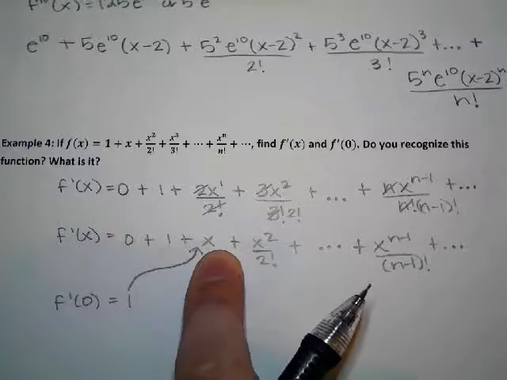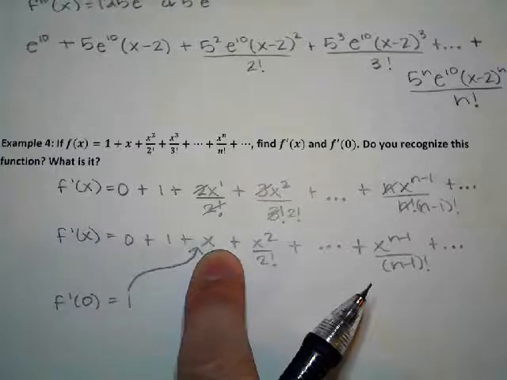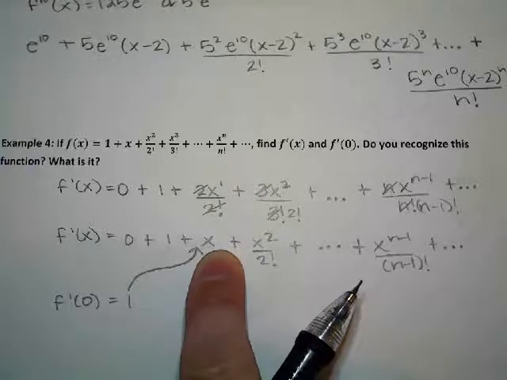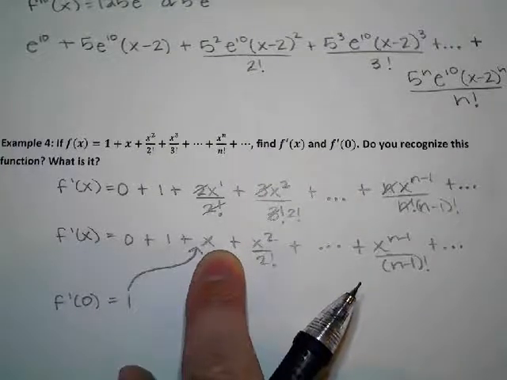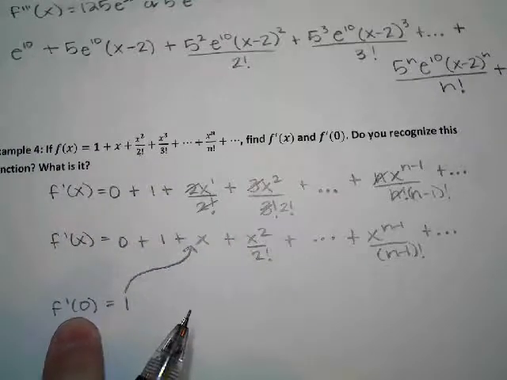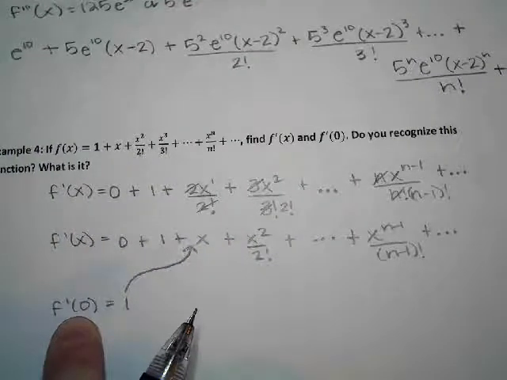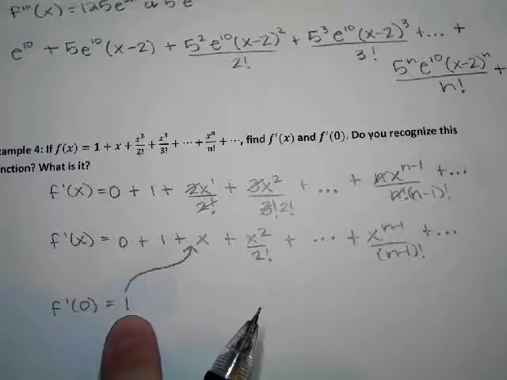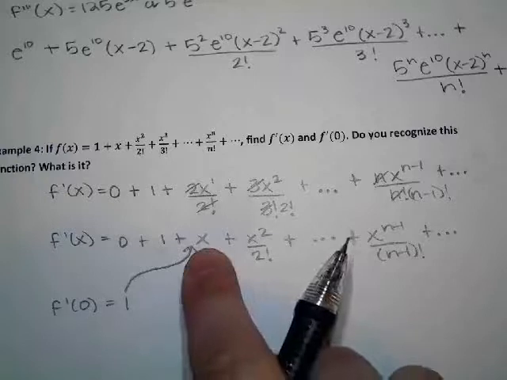The coefficient of the term to the first degree, evaluated at 0, is the first derivative evaluated at 0. The result of that gives you the coefficient of the term to the first degree.